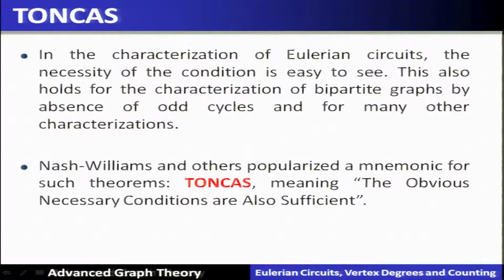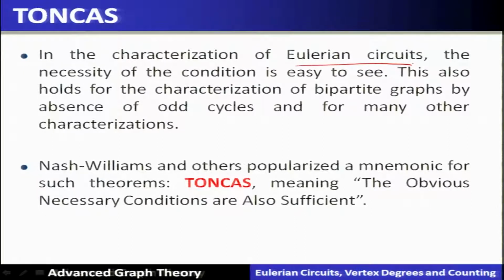Now, this particular theorem characterizes the Eulerian graphs. In the characterization of Eulerian circuits, the necessity of the condition is easy to see. It also holds for the characterization of bipartite graphs by the absence of odd cycles and for many other characterizations.